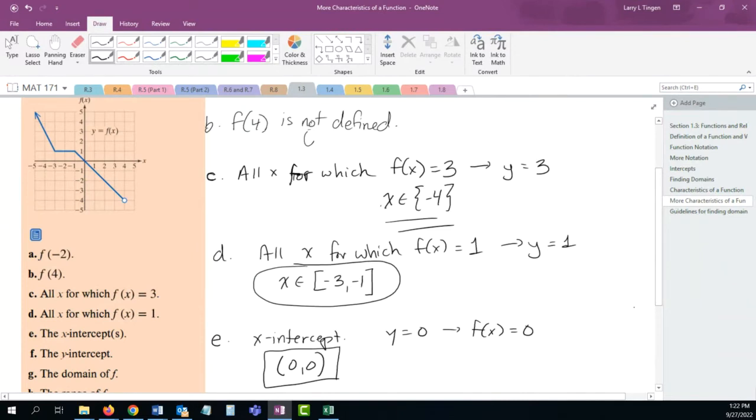So for domain and range, we're looking at all the x values that are possible, all the y values that are possible. If I take a look at my graph, if I'm reading it left to right, I'm coming down from positive infinity, and I follow, stop, and then I have an open circle right there around the point (4, -4).